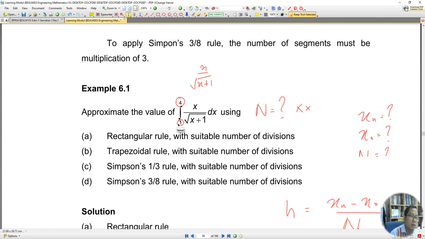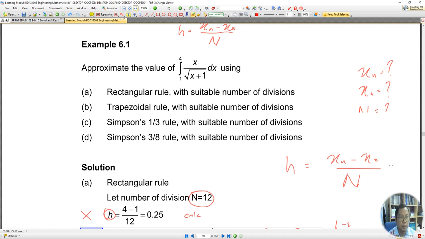So x0 is 1 while xn is 4. In order to get h, h is xn minus x0 divided by the number n.